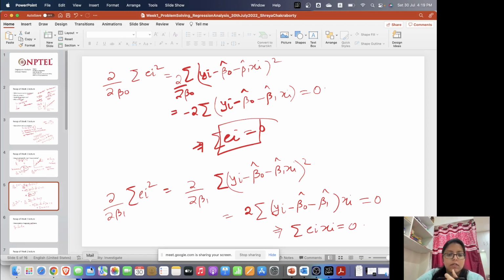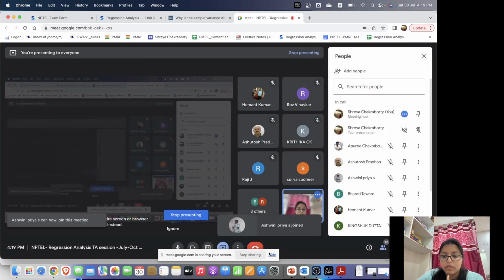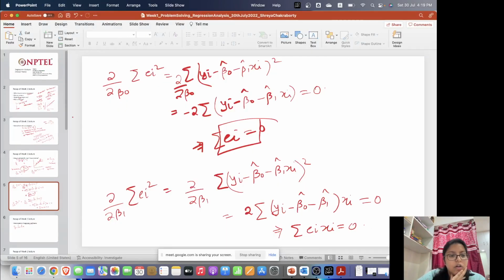So in order to find values of estimates of beta naught and beta 1 such that this quantity here is minimized, if you remember how we used to do maxima minima, we used to take a derivative with respect to that parameter, equate it to 0, and then the double derivative would be greater than 0. So same logic is applied over here.